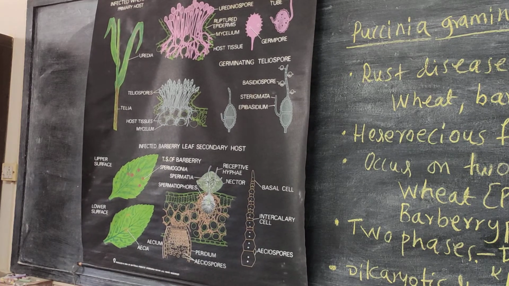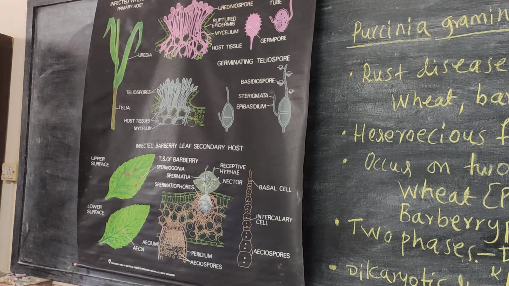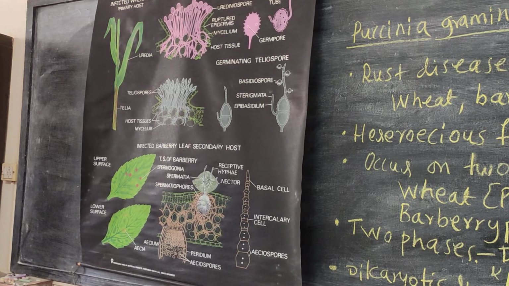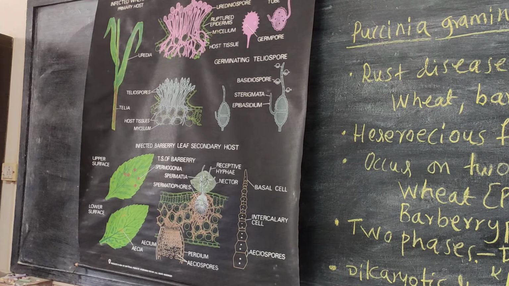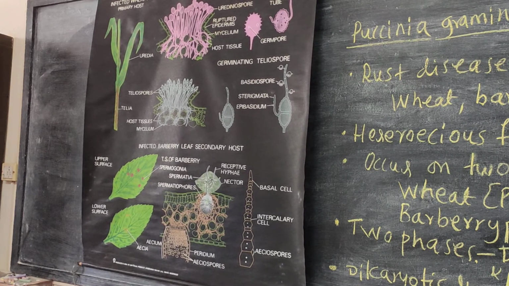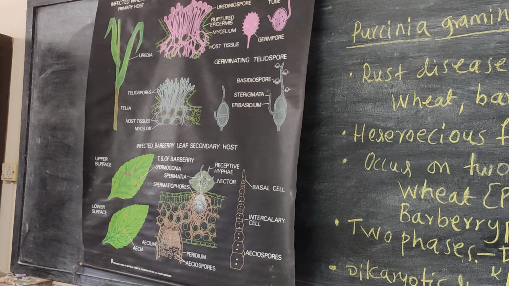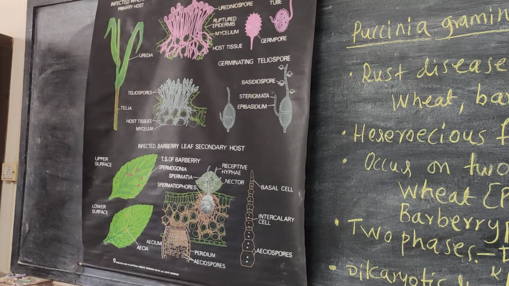The wheat plant becomes infected by means of aeciospores, which are produced on the alternate host, the barberry plant.